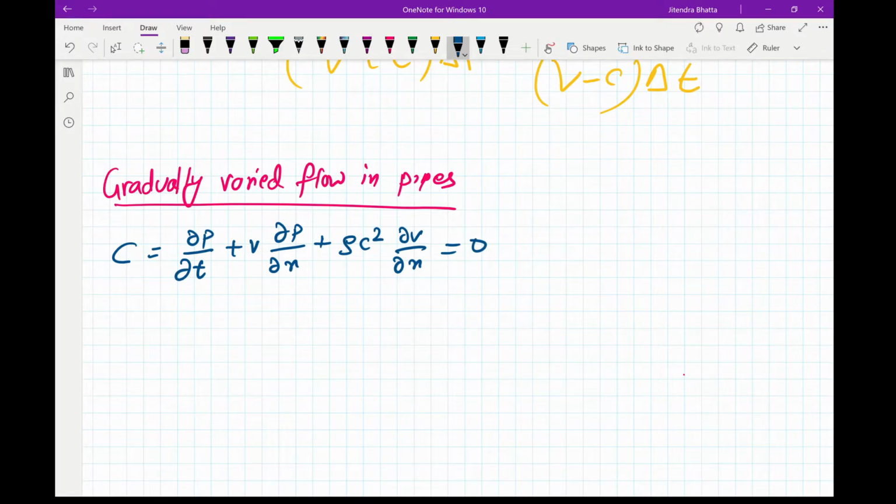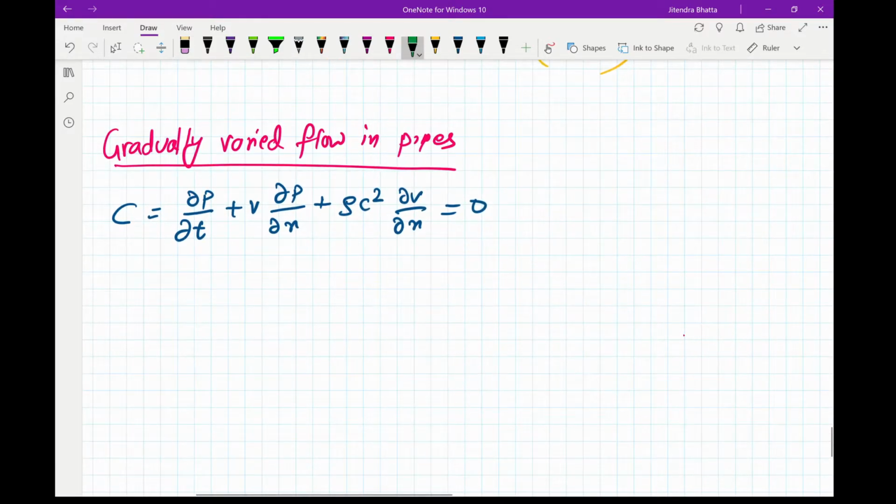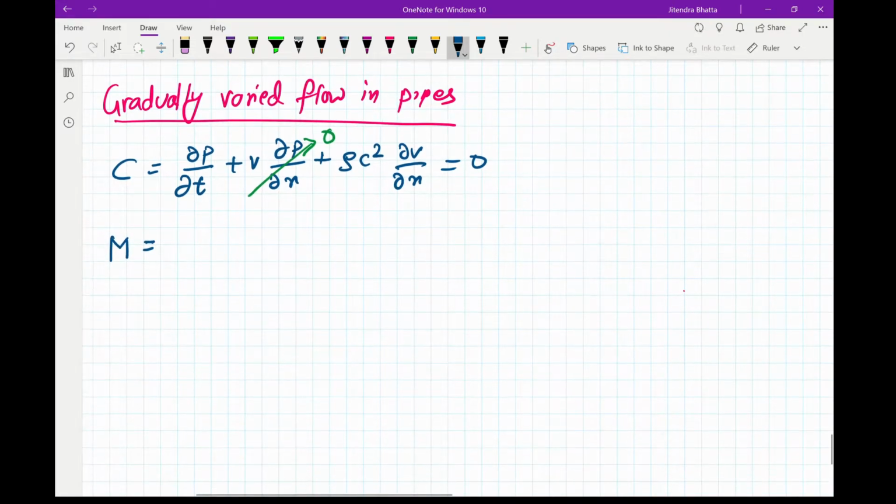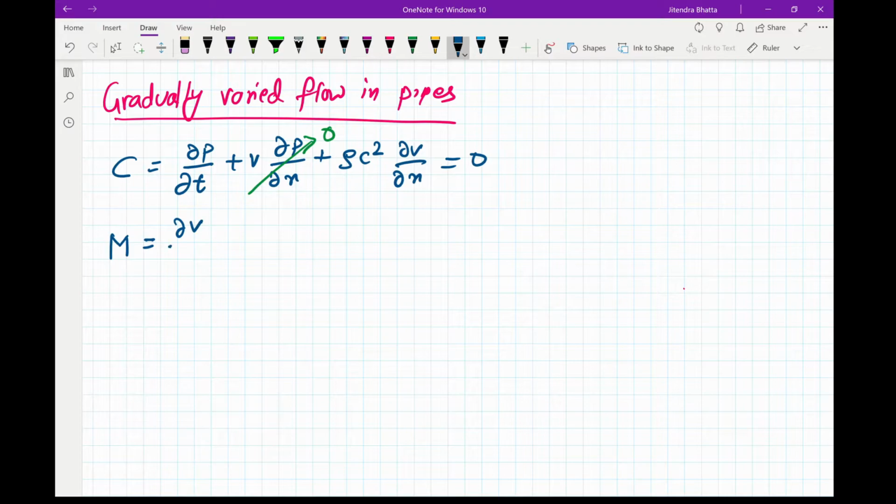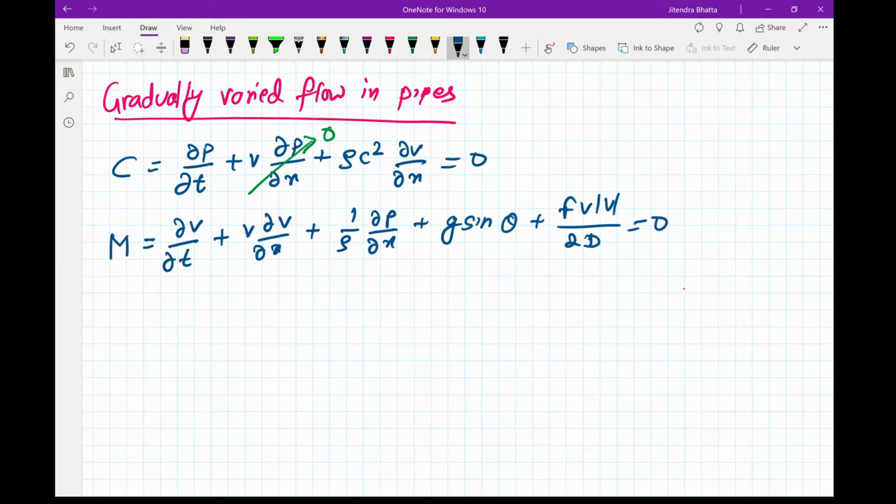In these cases, this value here is generally small and can be neglected, and you will have your momentum equation as dV by dt. In this case also, this term here is generally small and can be neglected.